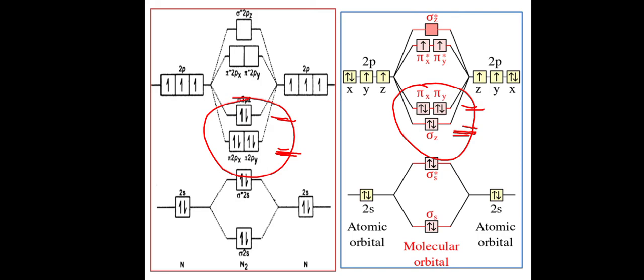So, the first diagram is common up to N2. This means boron, carbon and nitrogen obey this kind of molecular orbital diagram, and after that oxygen, fluorine and neon obey the second kind.